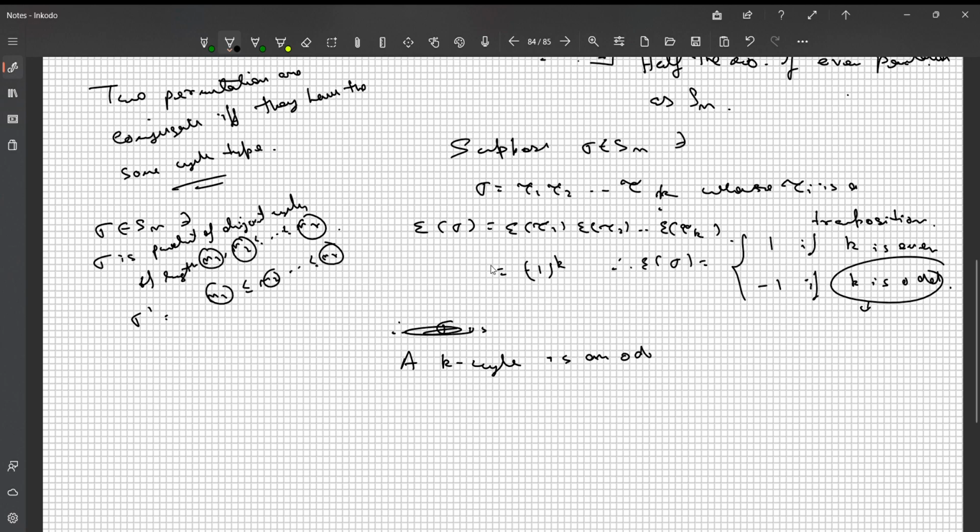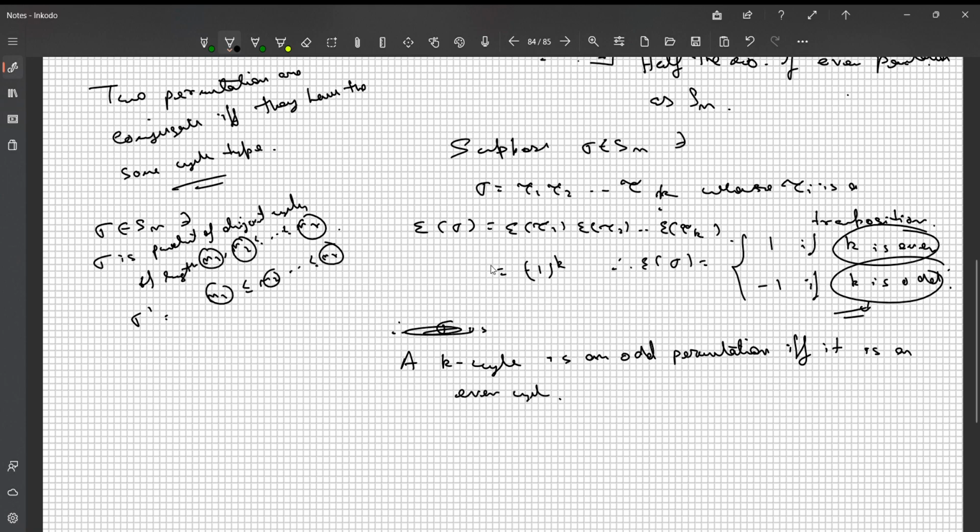Therefore, I can directly write it like this: a k cycle is an odd permutation if and only if it is an even cycle, right? This is what we just spoke about. So if k is odd, sigma is the product of an odd number of transpositions, and that means it's an odd permutation.